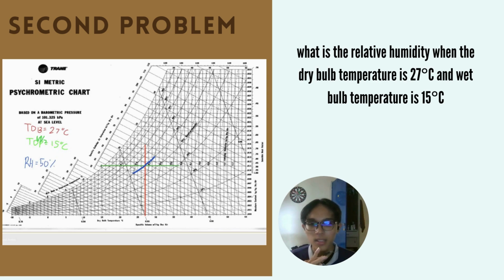And then we draw horizontally from the left to the right. The green color is 15 degrees C. That is the wet bulb temperature. Once we draw both lines, we find the incline. We find a curved line that crosses both TWB and TDB. It is 15%. That is the relative humidity.